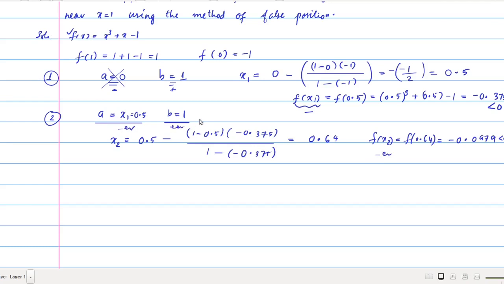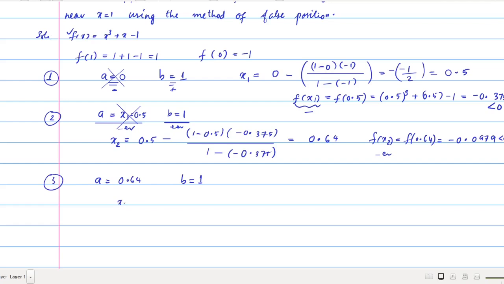Now we have to set a and b for the next step. Since this is negative, we neglect it again, use the same b, and instead of a we take x2. What is x2? 0.64. In the third iteration, these are our a and b.